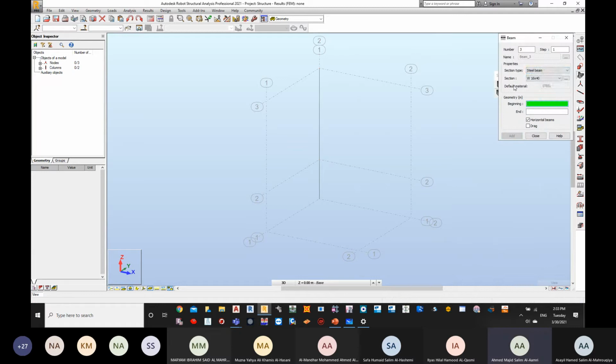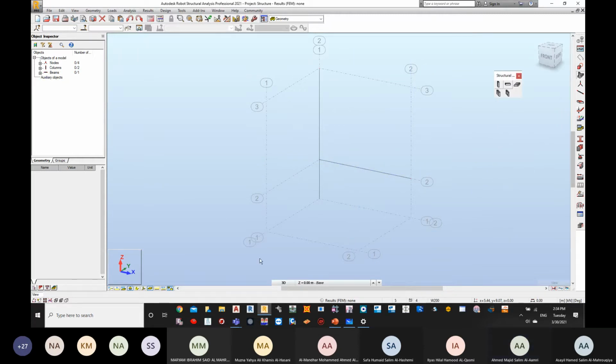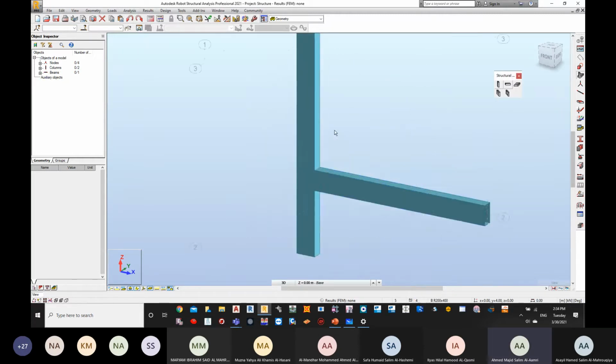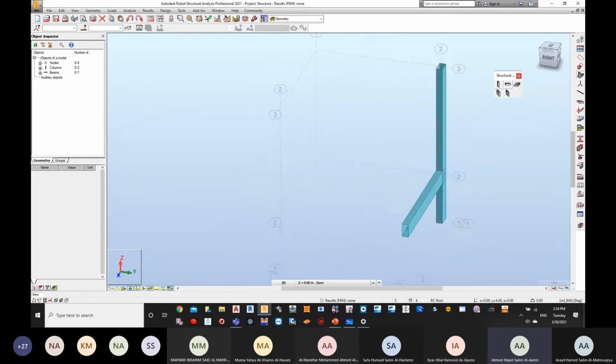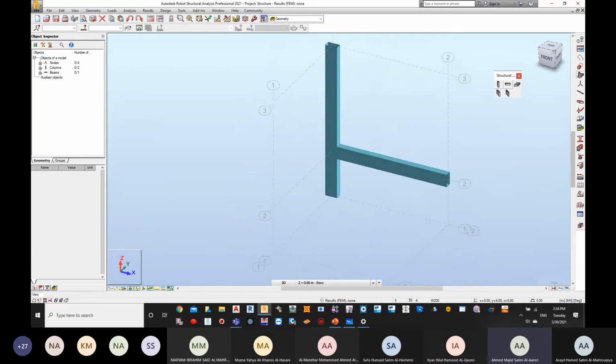And then I have drawn a beam from this point to this point. This is the model that I have drawn for you.